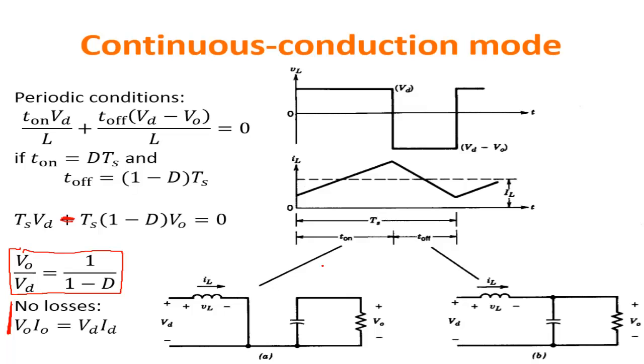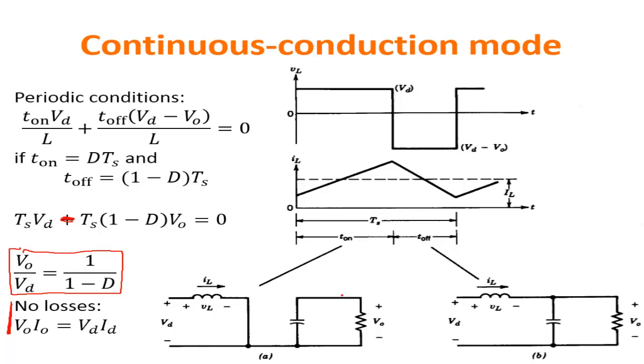During one part of the cycle and during the other part of the cycle, the DC-DC converter does not have losses, because you only have a capacitance and an inductance that are lossless. So in this ideal case, in which you do not have losses, of course the power provided by the input must be equal to the power provided by the output.